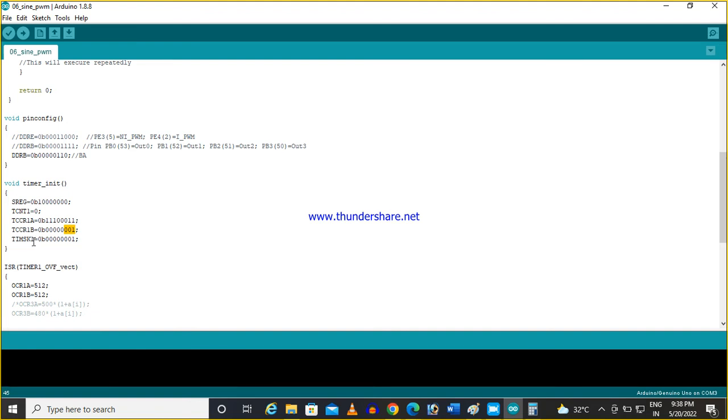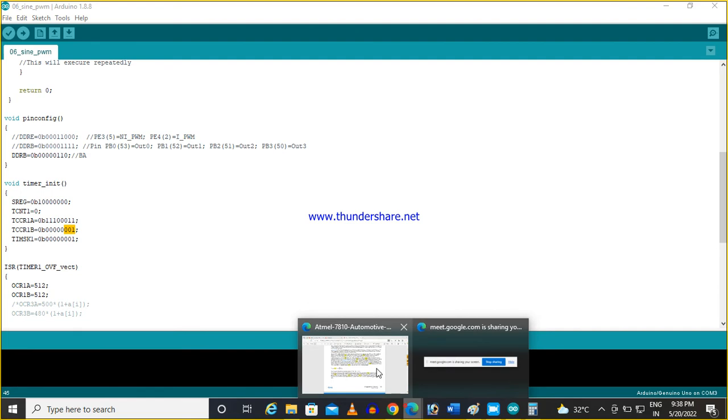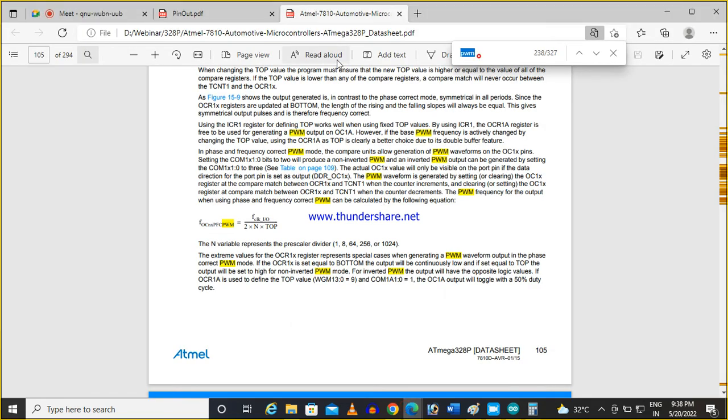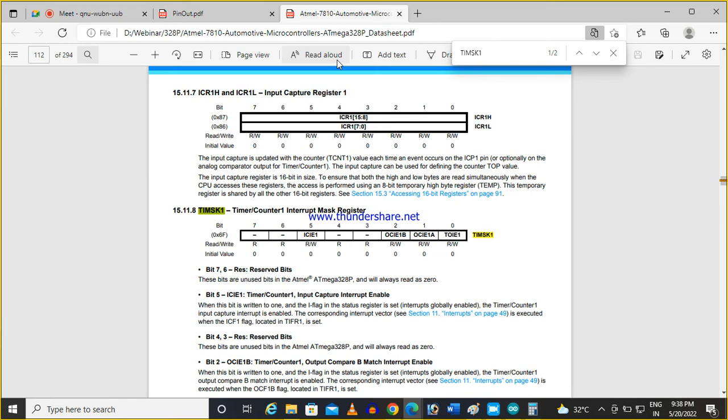While you will be working, you will be doing it. Another register I am using, this is timer interrupt mask register, TIMSK1.